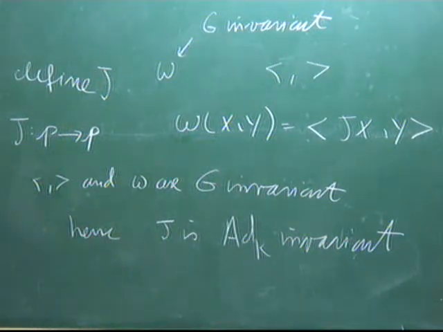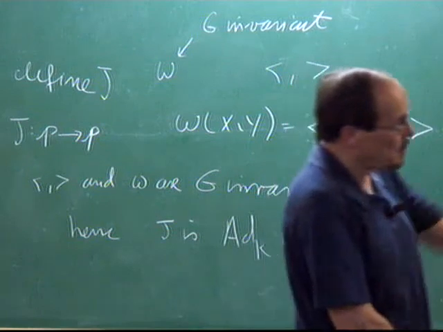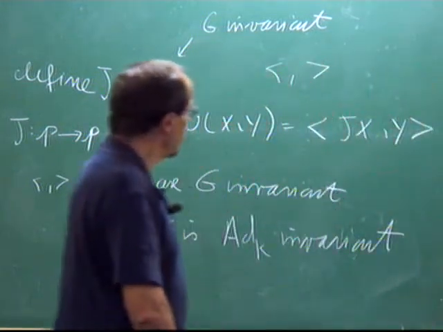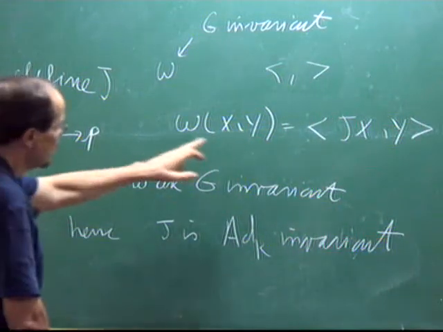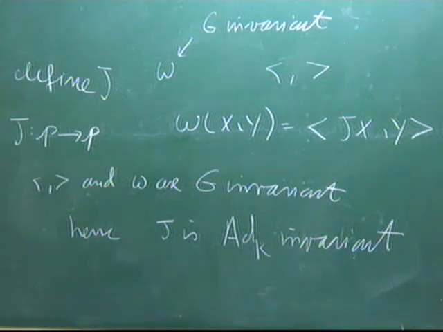Of course, G acts by isometries, I have a symmetric pair, right? That was my starting point. I have a symmetric pair, G acts by isometries, so therefore this is true.